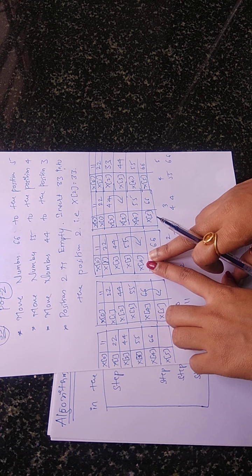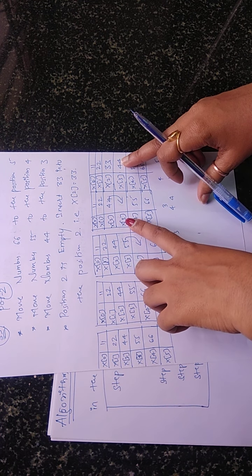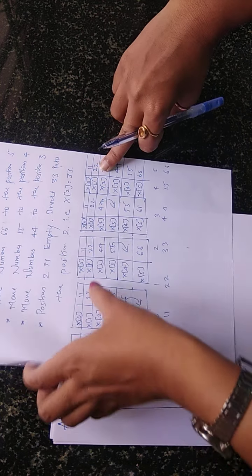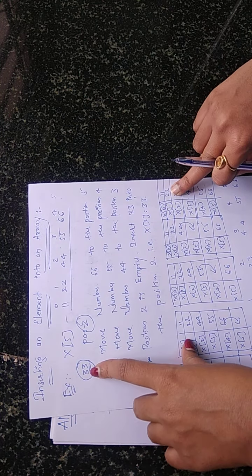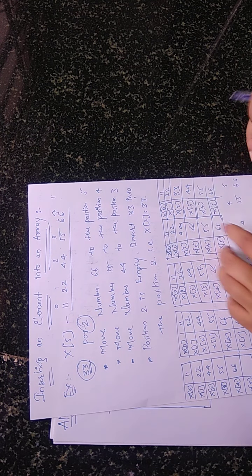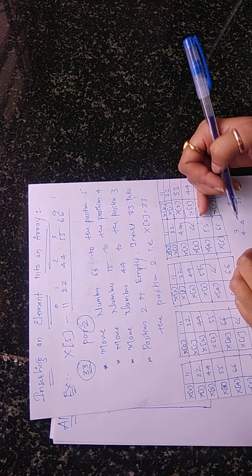55 we shifted to the fourth position. Then 44 we shifted to the third position. Then the second position was empty, so we added this 33 into your second position. It was in reverse, going 4 to 5, 3 to 4, 2 to 3, like that.